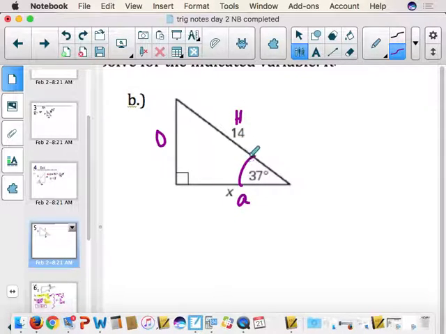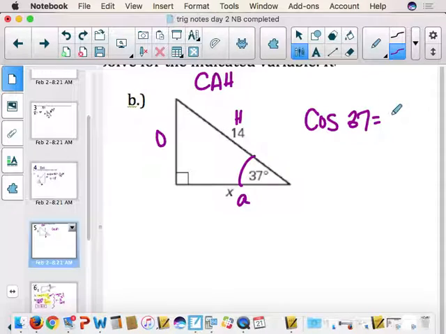Because those are the two sides. Good, it's CAH, and what trig function is that? A over H. Cosine. So the cosine of 37 equals, we already said A over H, so we're going to have x over 14.